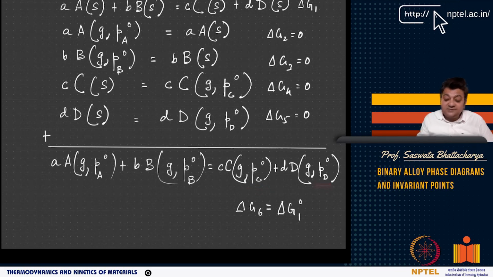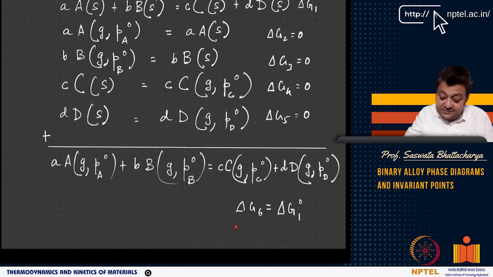Now remember, naught is the superscript that we use for pure components: pure A, pure B, pure C and pure D. The vapor pressures at equilibrium are PA naught, PB naught, PC naught and PD naught respectively.